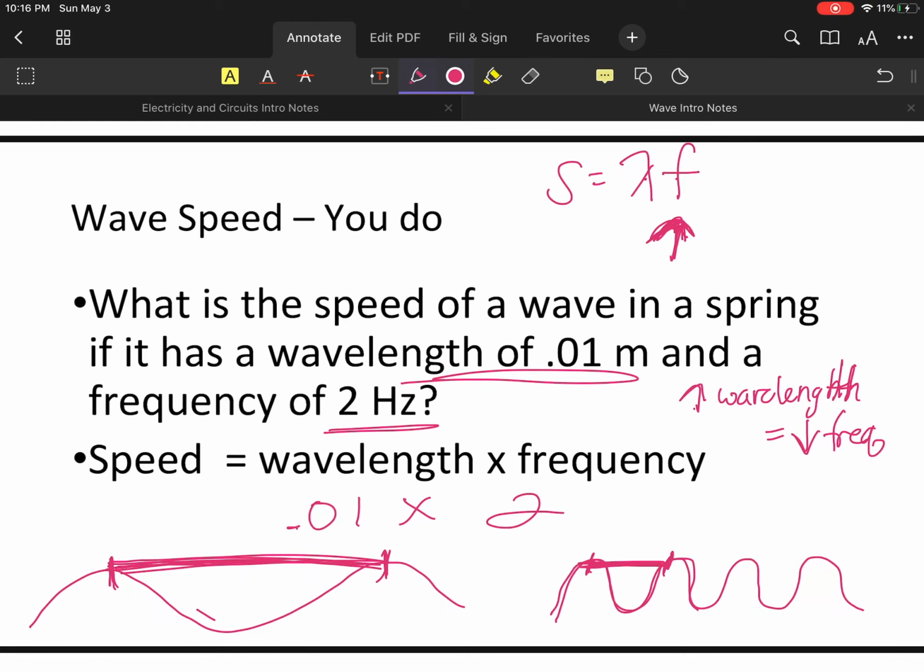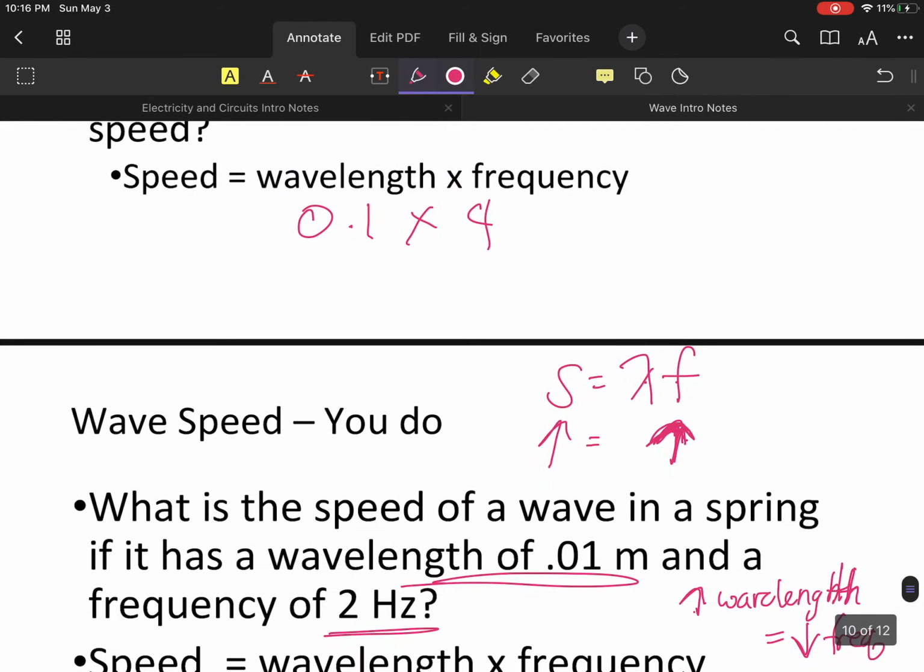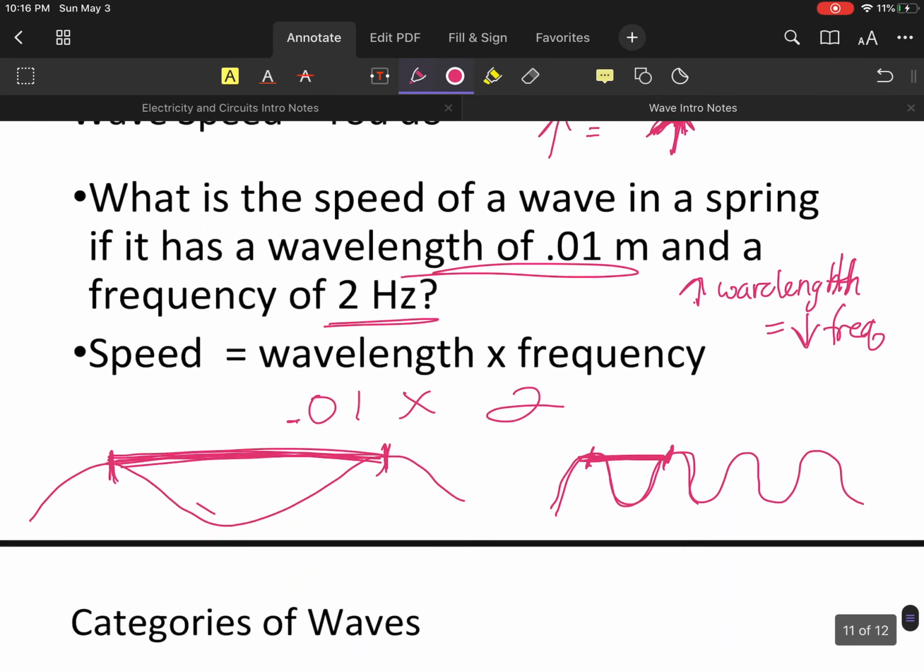So my speed is going to be bigger also, okay? Same thing if I increase my wavelength. If I increase my wavelength, my speed is going to be bigger. Okay, so just be able to compare different things.